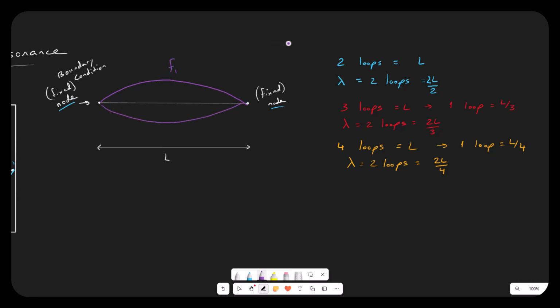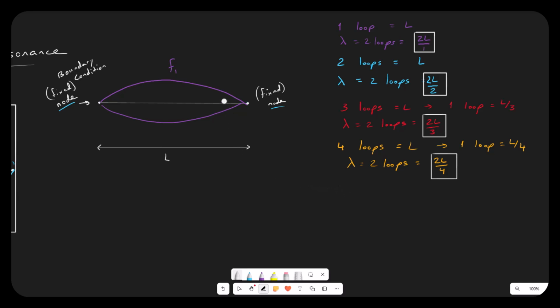There's some frequency 1 that goes with that. Now 1 loop equals L. My wavelength, which is always 2 loops, equals 2L. And just to keep the pattern going, I'm going to call this 2L over 1. Now my pattern, I've got 2L over 1, 2L over 2, 2L over 3, 2L over 4. You can see what this pattern is.